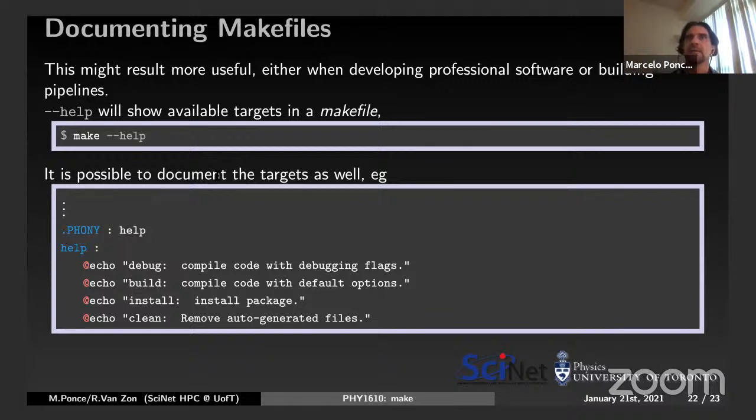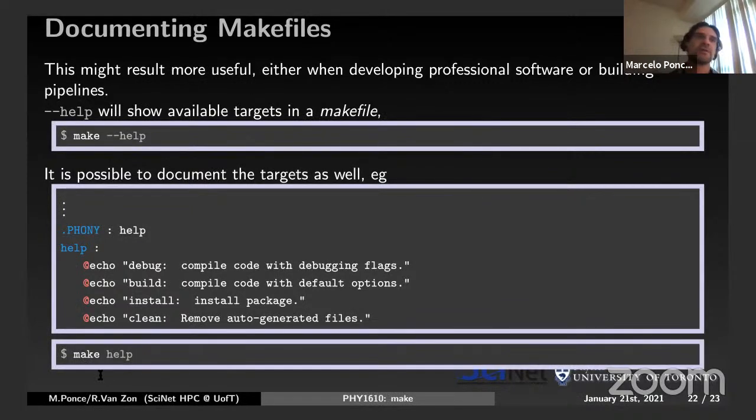To execute this, you do make help, and then the options available to use in that Makefile will be displayed on the screen. It's a really good idea to document your Makefiles for your future self and for other users or colleagues you want to share the Makefile with.